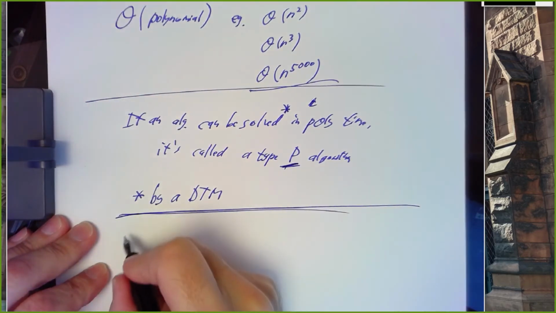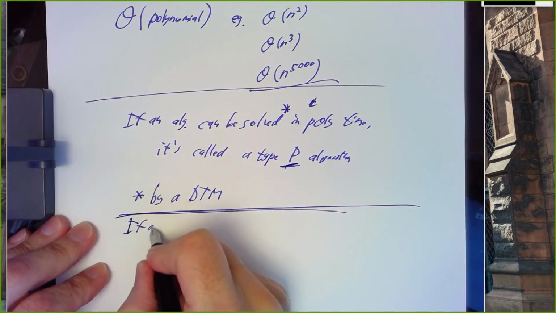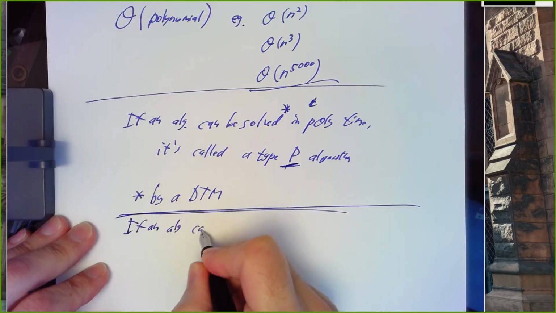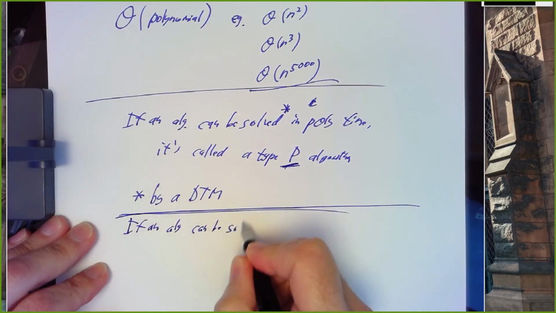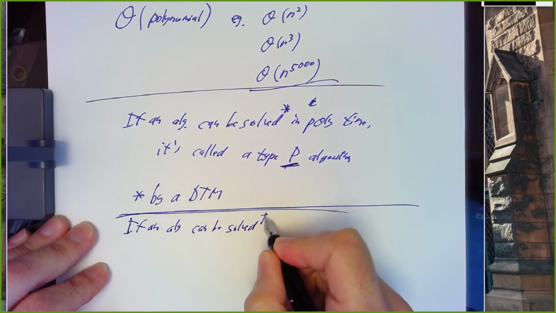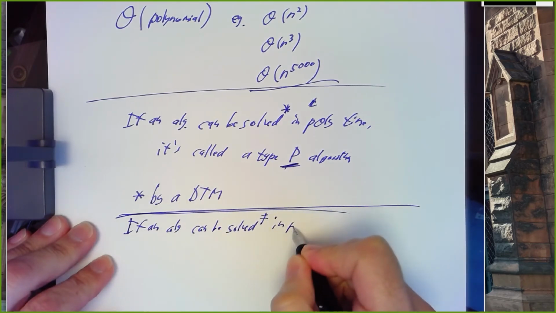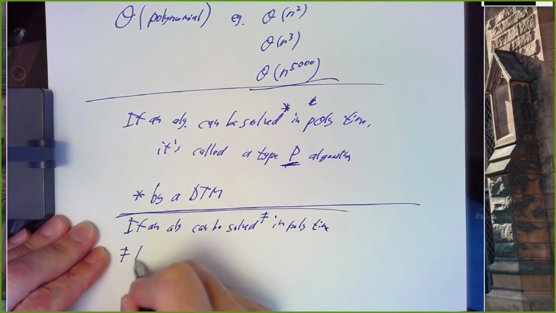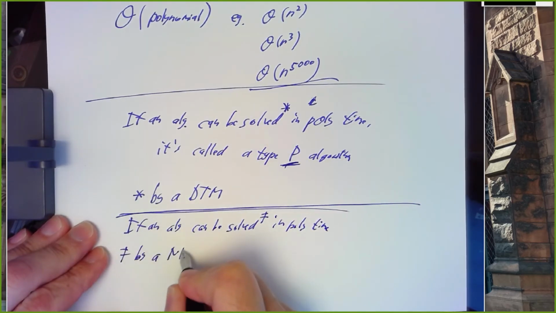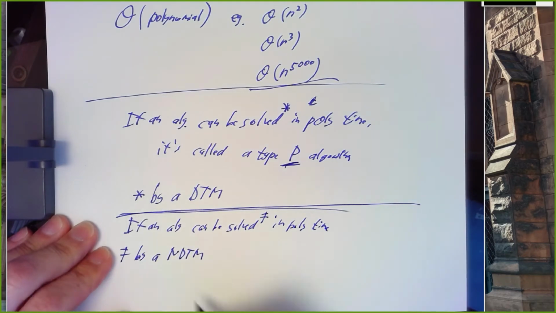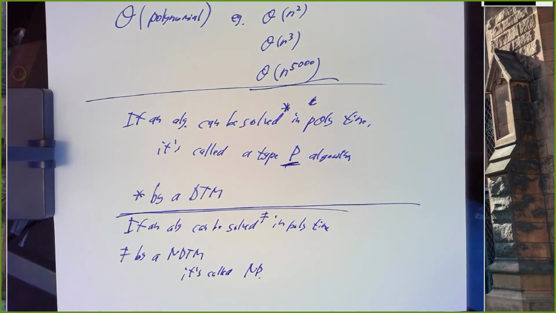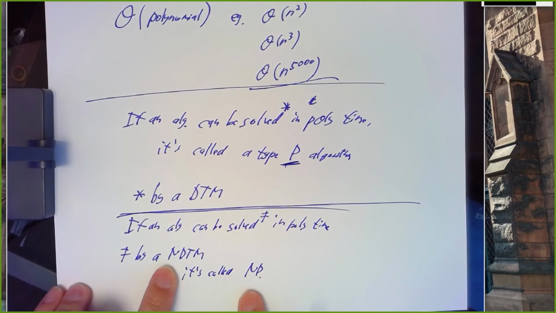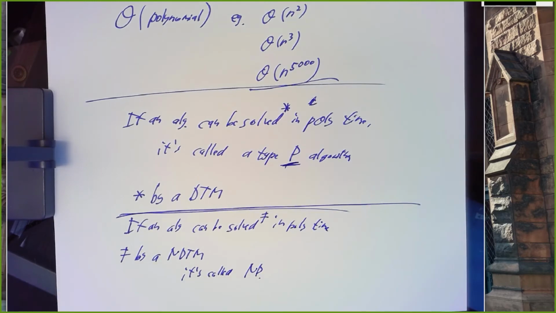On the other hand, if an algorithm can be solved, and let me put a different footnote here, in polynomial time by a non-deterministic Turing machine, it's called NP. NP means polynomial time on a non-deterministic Turing machine.